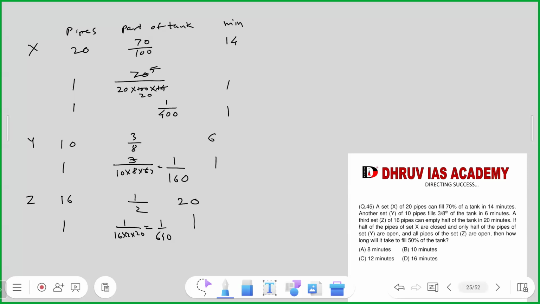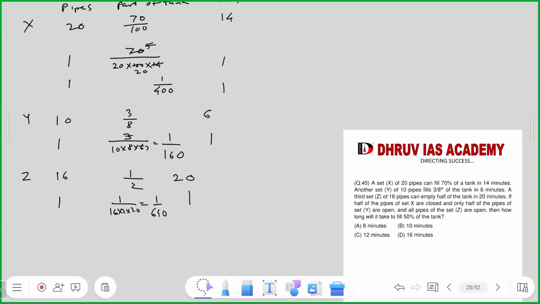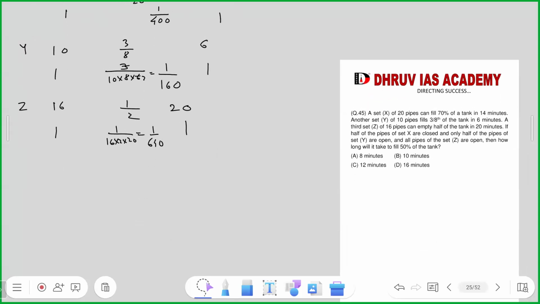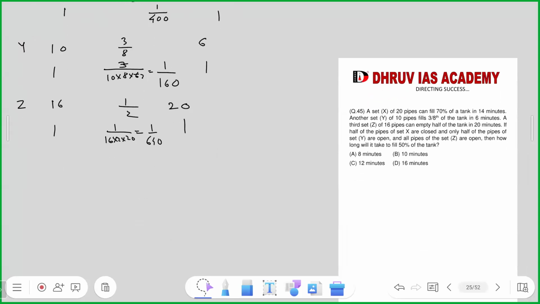Now what they are saying is, if half of the pipes of set X are closed, that means half are open. So 10 pipes are open. See, for X, 10 pipes are open. One pipe is filling up 1 by 400 in 1 minute.